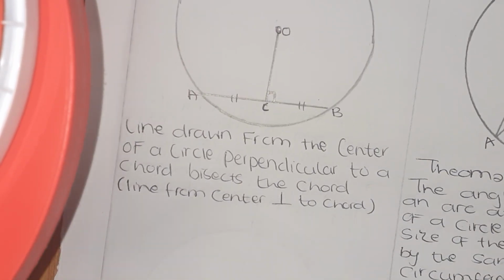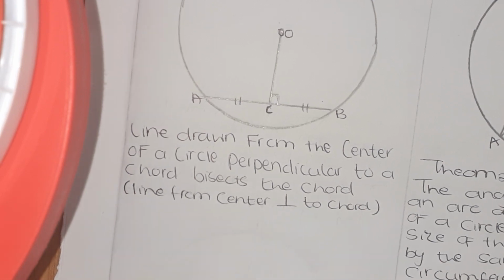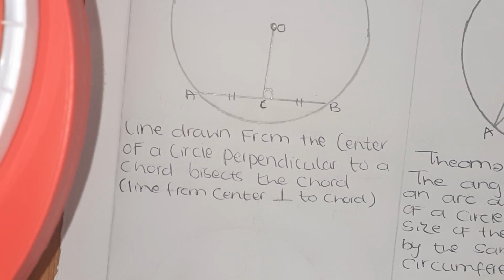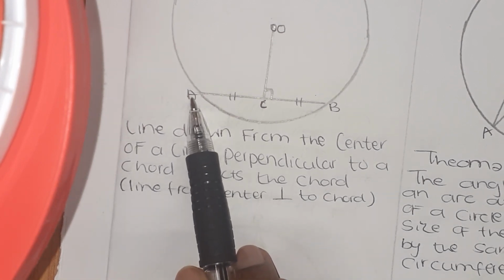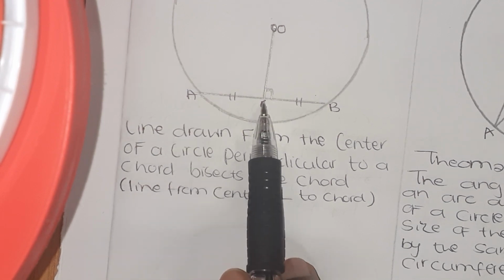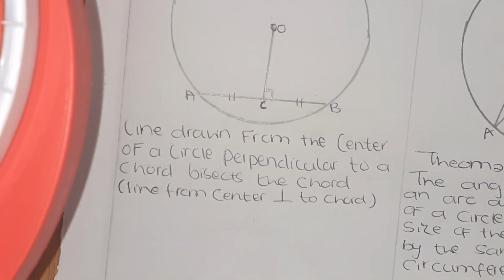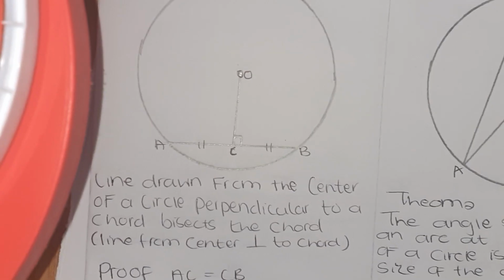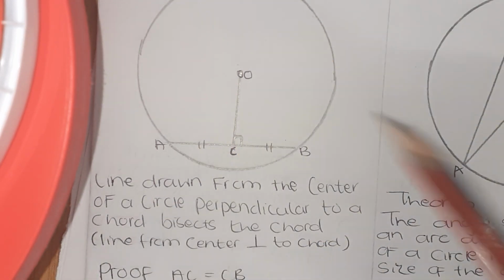Now you are given this circle, right? Now let's try to prove that, let's say the question says, prove that AC is equals to CB. The first thing you have to do is draw the line.